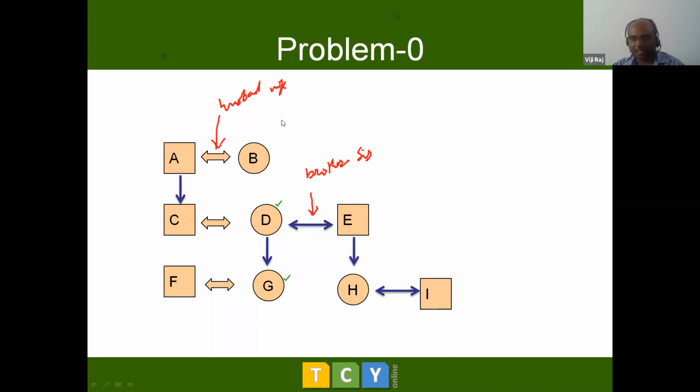And the double arrows indicate husband-wife relationship, single arrows indicate brother-sister relationship, and the arrow that points downwards indicates father-daughter, father-son, mother-daughter, mother-son relationships, right? Here E is the mother of H.